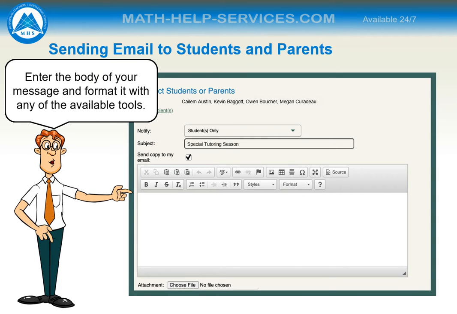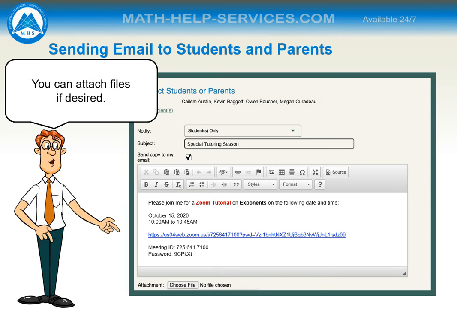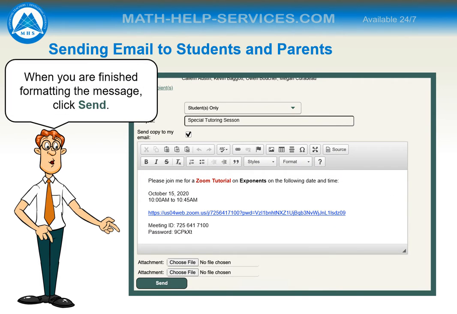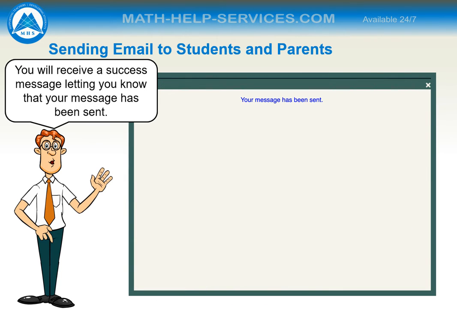Enter the body of your message and format it with any of the available tools. You can attach files if desired. When you are finished formatting the message, click Send. You will receive a success message letting you know that your message has been sent.